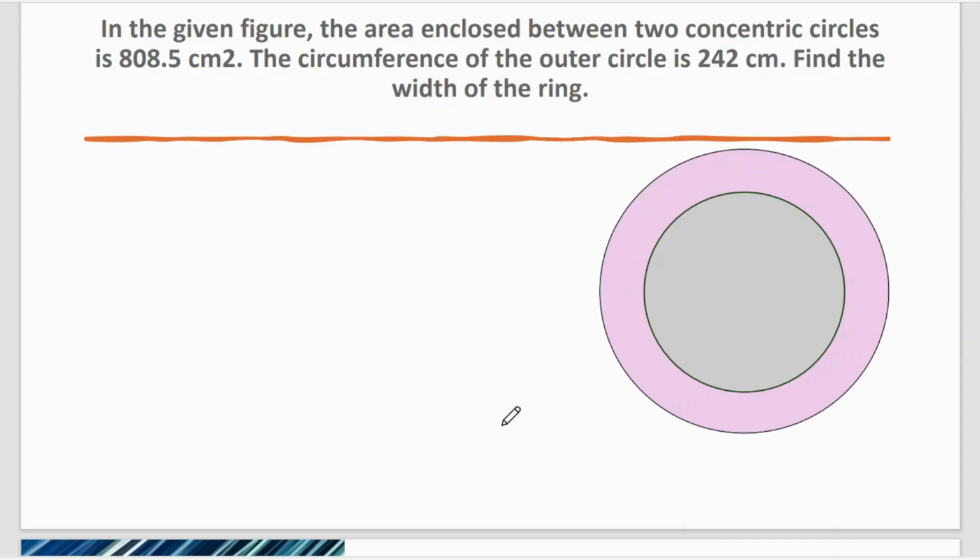You have to perform the similar operation, and after that you will get the value of capital R as 77 by 2 centimeter, and the small r you will get as 35 centimeter.